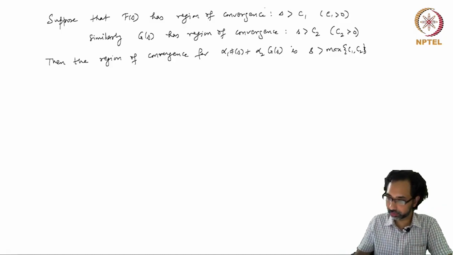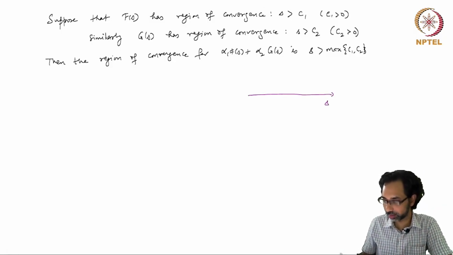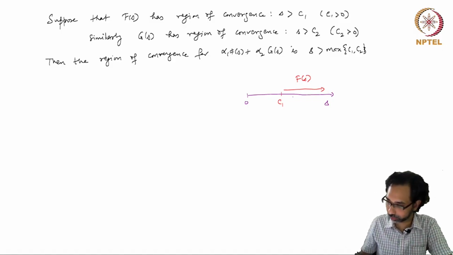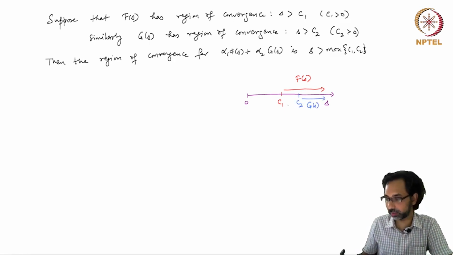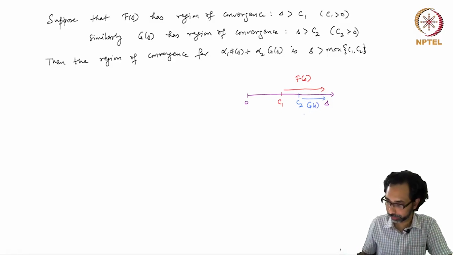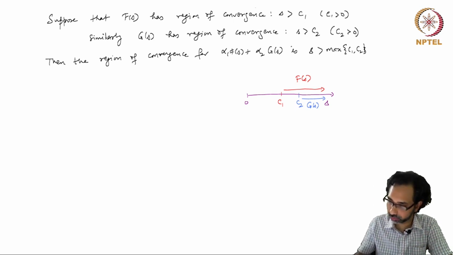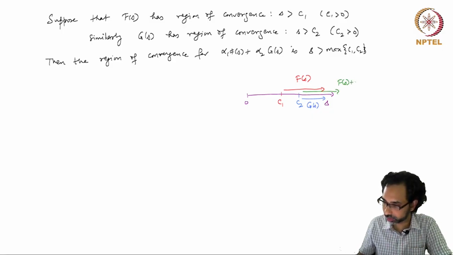So, we have the real line, this is the s line, and suppose that this is c1, so F(s) is defined in this region the red arrow describes, and on the other hand suppose that we have c2 and the region of the blue arrow describes the region of convergence of G(s), then the maximum of c1 and c2, in this case c2, will be the region of convergence of alpha 1 F(s) plus alpha 2 G(s).